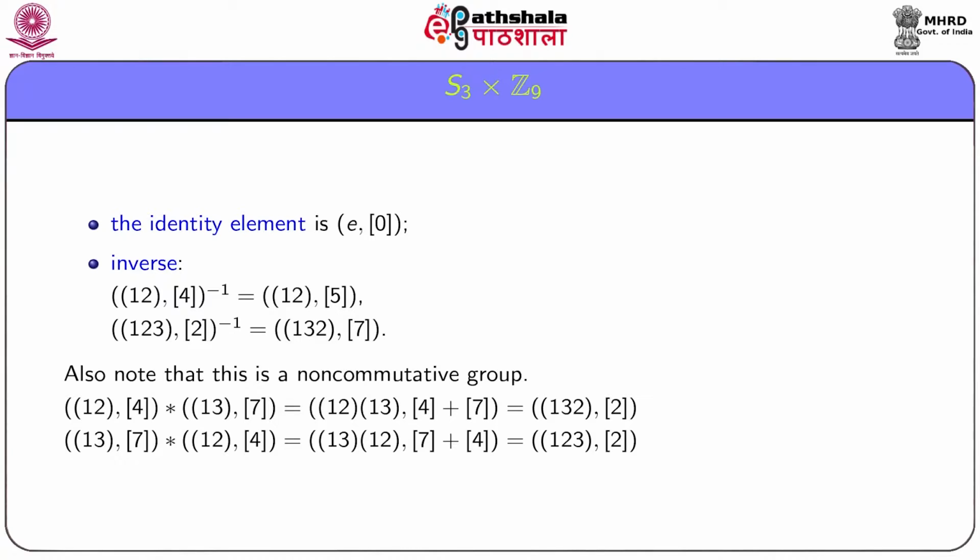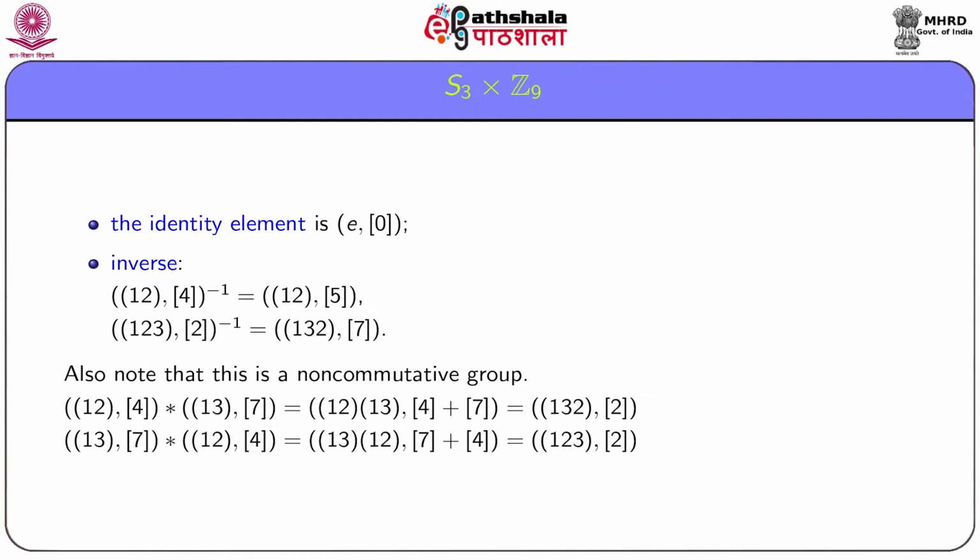Recall that the inverse of the transposition (1 2) in S3 is (1 2), and in Z9, [4] + [5] = 0 implies that [5] is the inverse of [4]. Hence the inverse of the pair ((1 2), [4]) becomes ((1 2), [5]).